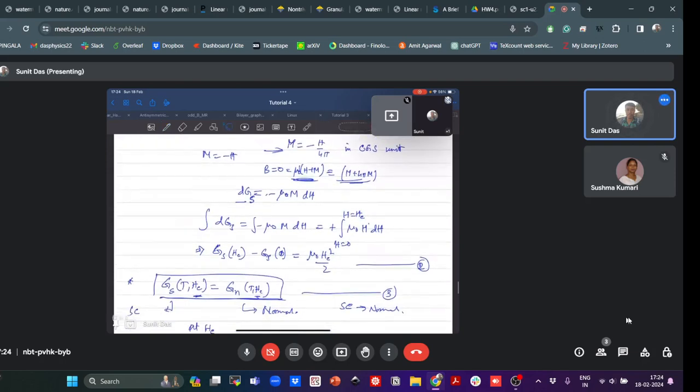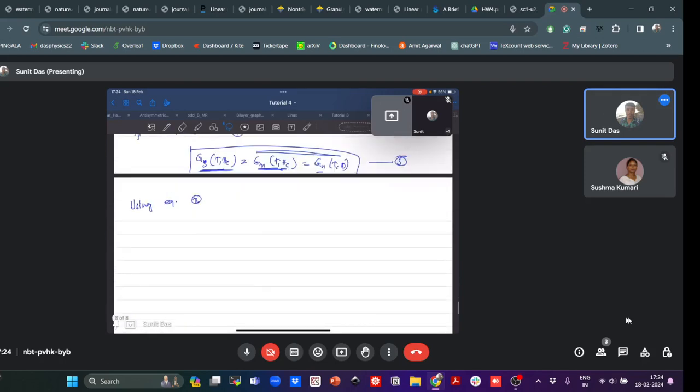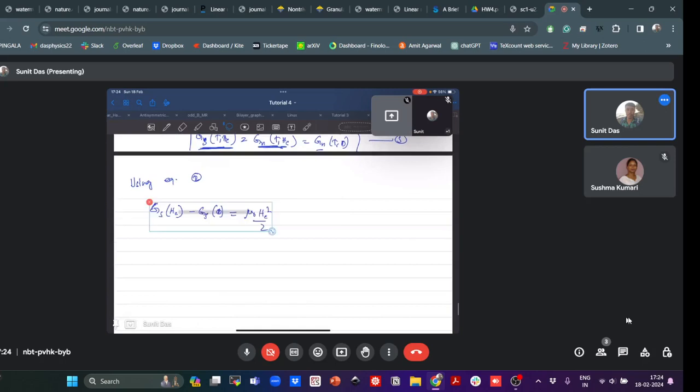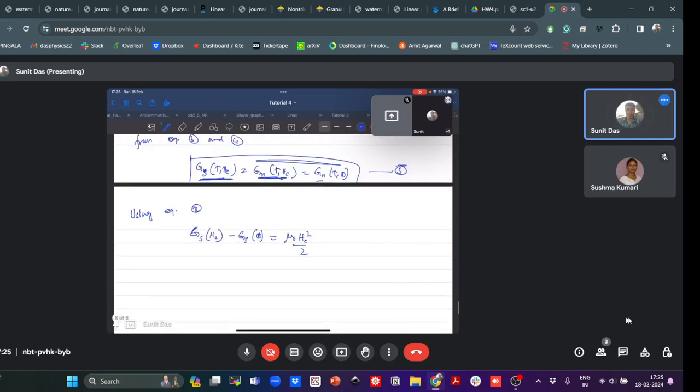So we'll use G_N(T, 0) minus G_S(T, 0) equal to mu 0 Hc square by 2. Here 0 means actually magnetic field 0, not T equal to 0, okay?